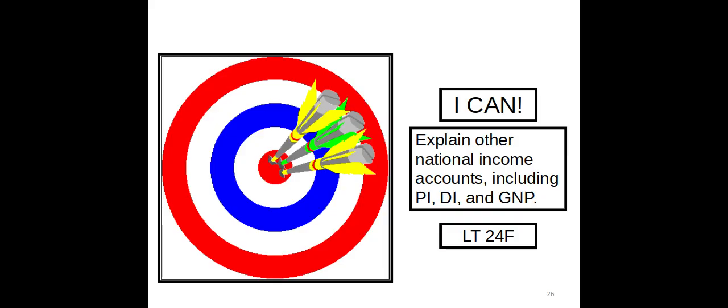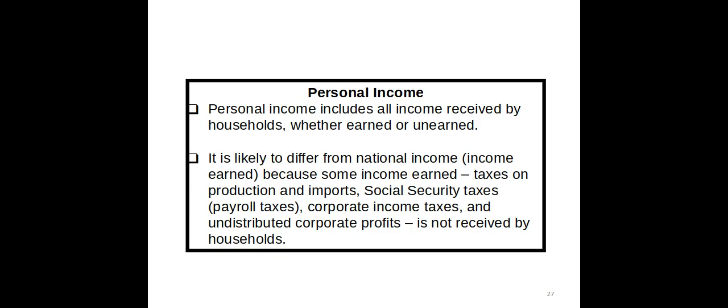So we've got a couple other national income accounts that we're going to talk about real quick, and then we'll be done with this one. So personal income is a big measure that we need to know about in the economy, and it's the income received by households, whether earned or unearned. And that's kind of a weird concept. We think all of our income should be earned, but for some households, it's not.